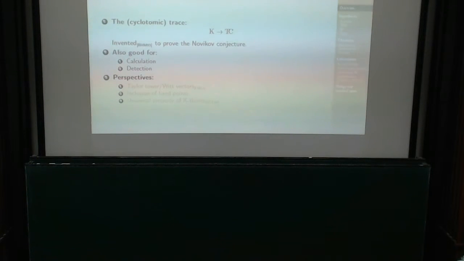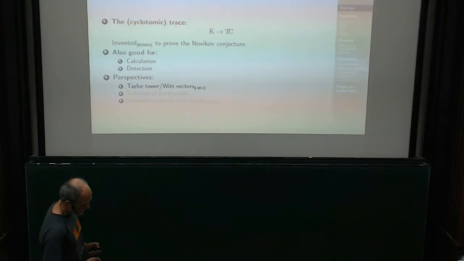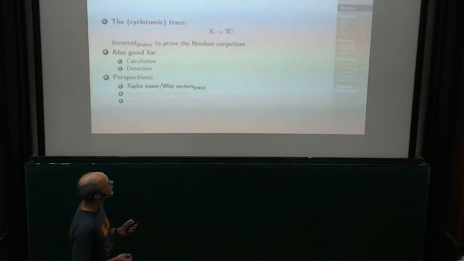I want some perspectives on what I'm going to do. This one actually is sort of a personal thing, because way back in the early 90s, when we first thought that we should be able to prove that K-theory and TC were very closely connected, Randy McCarthy had this vision that TC should somehow be the polynomial approximations, well, the limit, the power series approximation of algebraic K-theory.